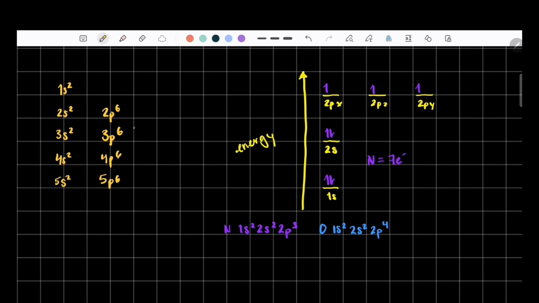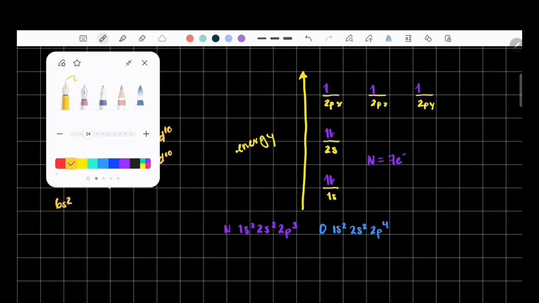And then there are also d orbitals, like 3d10. There are 5 d orbitals in which you can put 2 electrons each. So that makes 10 electrons total. Same for this one here. And we won't go any further than that. Also just drawing a 6s2 to make it look a little bit nicer.